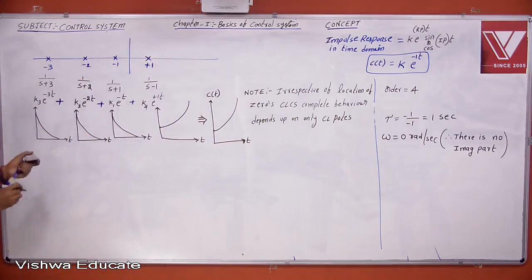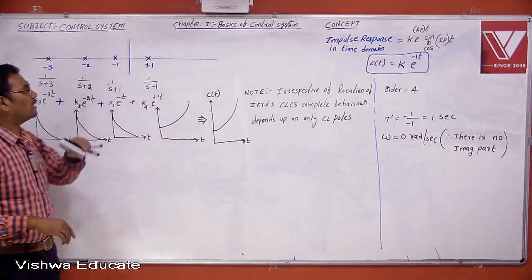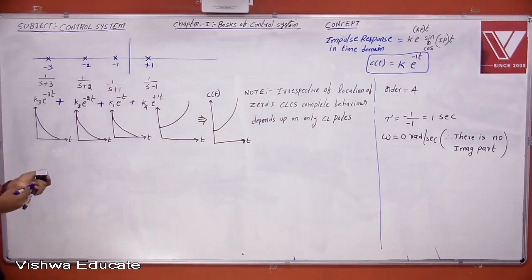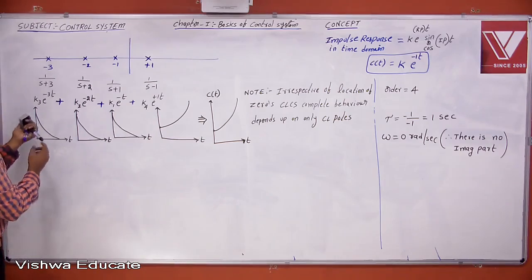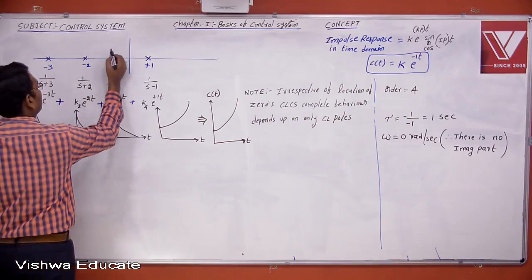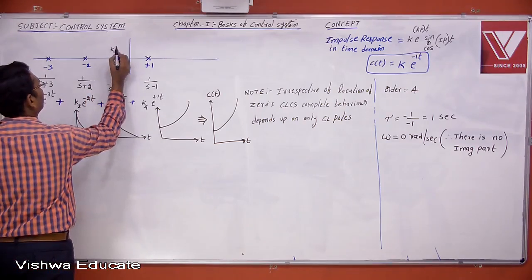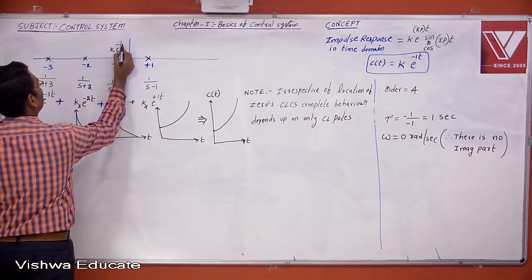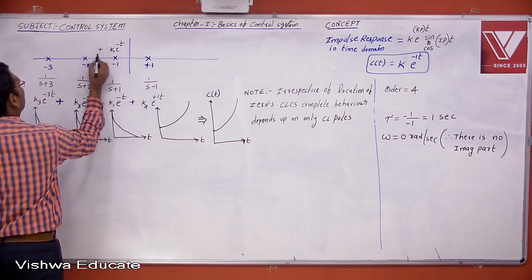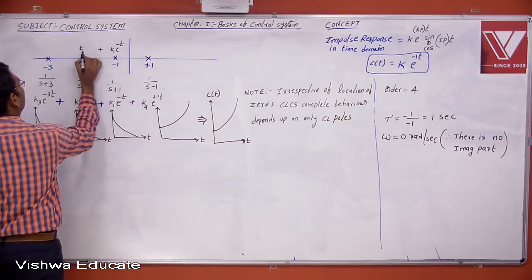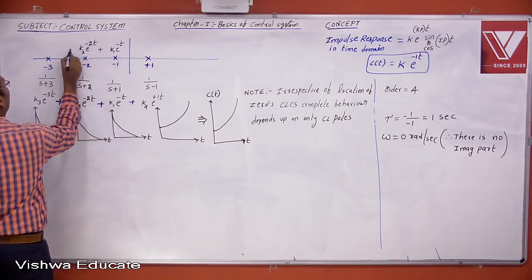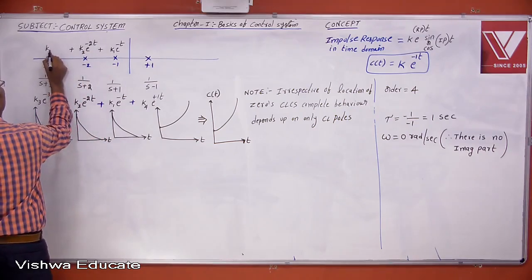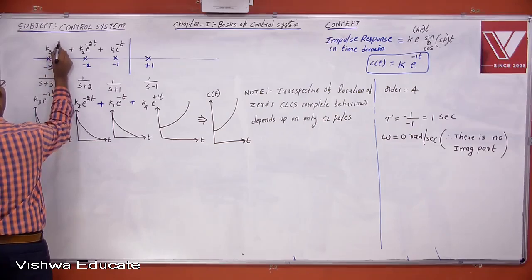I am not interested in whether this closed loop control system response is increasing or not. How can I understand? You can easily understand it like this also. See here. Now what about this? This is some constant into e power minus t, plus some constant into e power minus 2t, plus some constant into e power minus 3t.